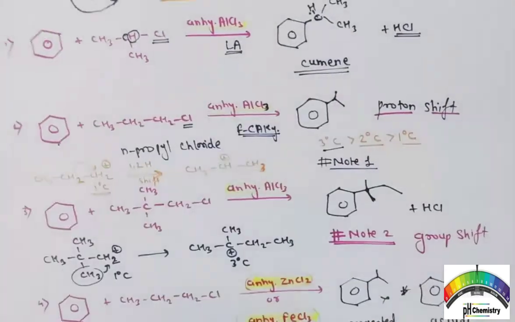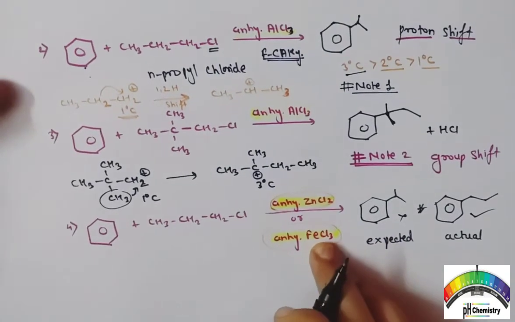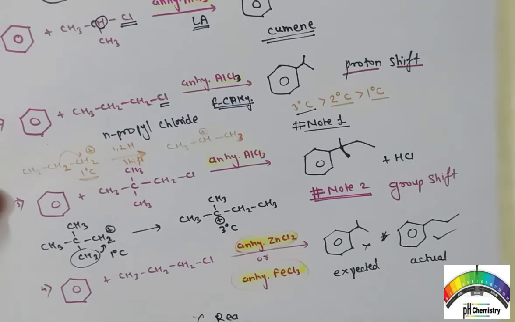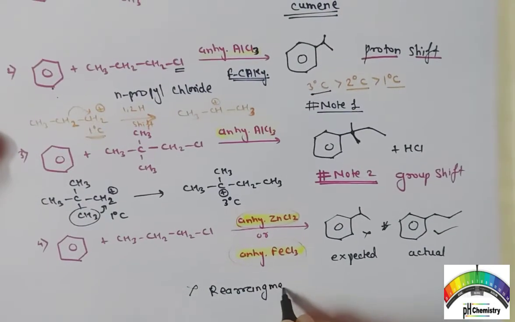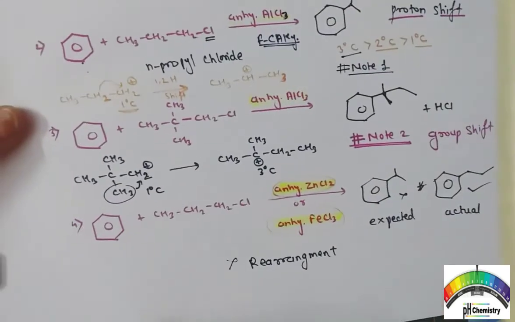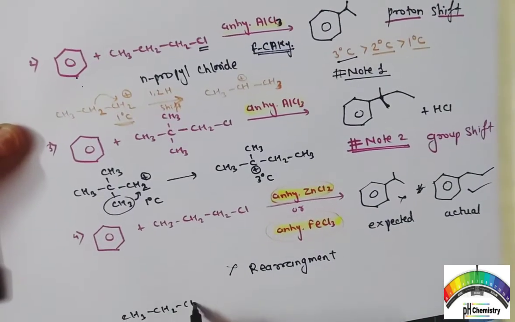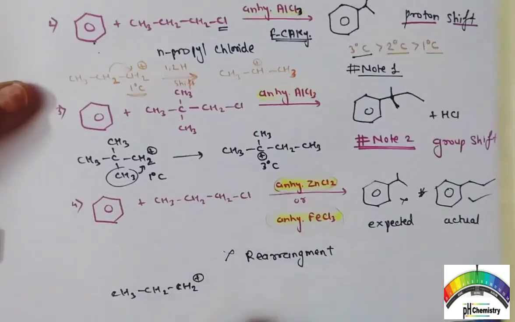The change is, if anhydrous ZnCl2 or anhydrous FeCl3 are used, there is no possibility of rearrangement. Here primary carbocation is formed.